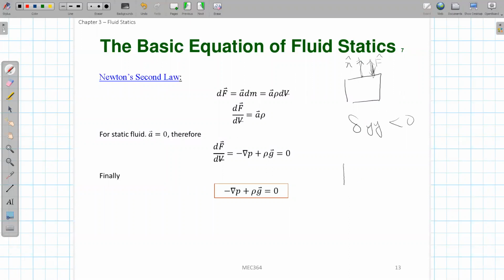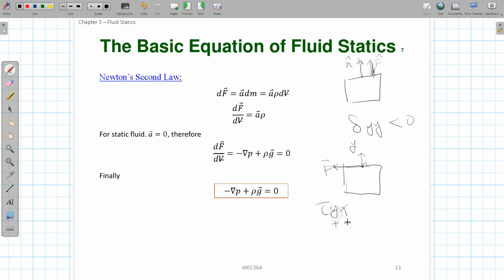For the shear force, assume this is the normal direction Y, the N direction. If I have a force in this direction, we have a tau yx, because the first index is for the surface and the second is for the force direction. For the y, this is a positive direction. And for the x, the force direction, we see this force is going left, the inverse, so x is negative.